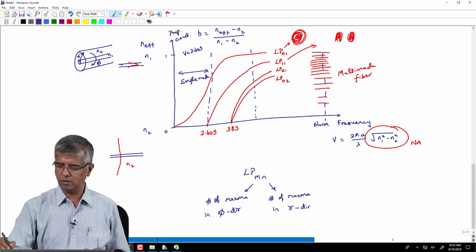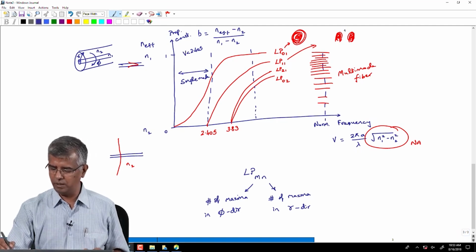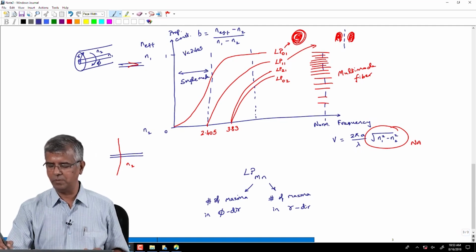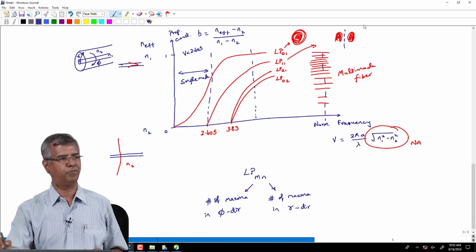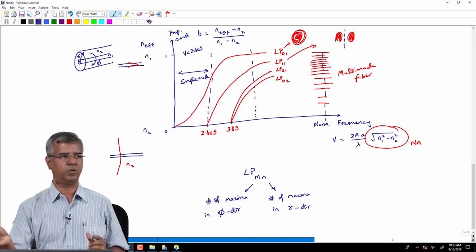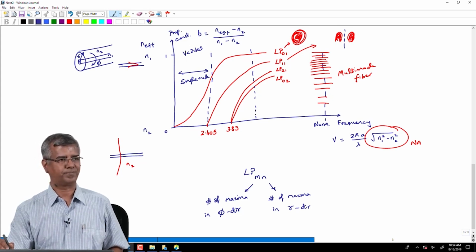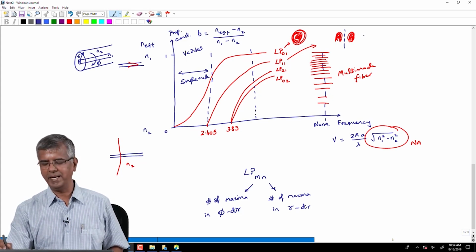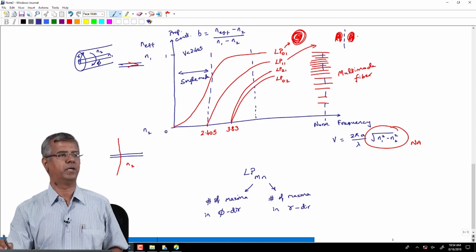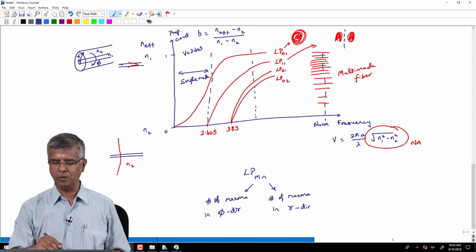Why is it called LP11? Because when you look at the azimuth direction, you look at the half azimuth plane. Within that half azimuth, because one is a reflection of the other, you will have one maxima, and radially outwards you have only one maxima. That is why it is called an LP11 mode.